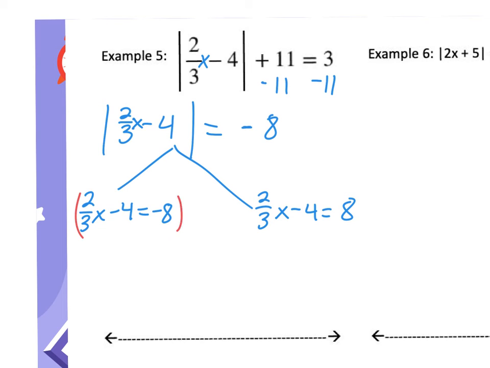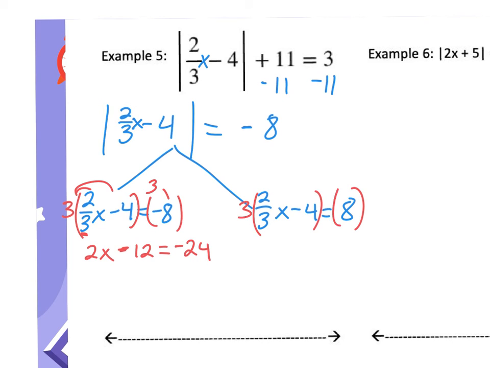Let's kill that fraction first. I know that comes first. 3 times 2/3 x is going to give me 2x. Again, I picked 3 as my common denominator because that was my only denominator. 3 times -4 is -12. And then, 3 times -8 is going to be -24.